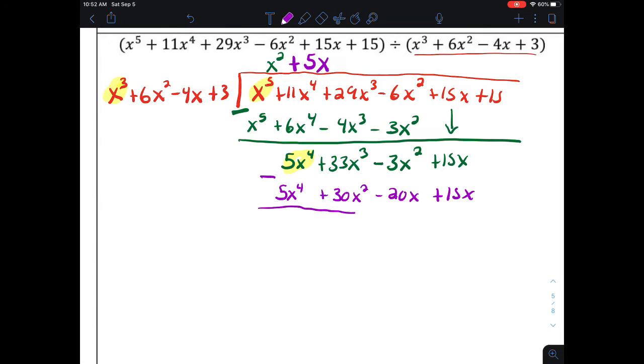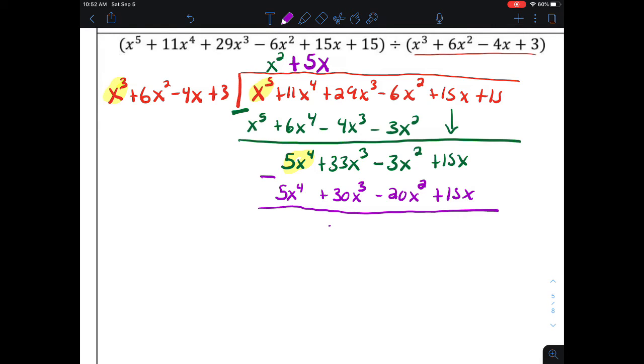And remember, we're subtracting. I forgot, my exponents are wrong. So let me erase this one. That should be 30x cubed and 20x squared there. And I'm supposed to be the guy making the video, and I make an algebra mistake. All right, so got that fixed.